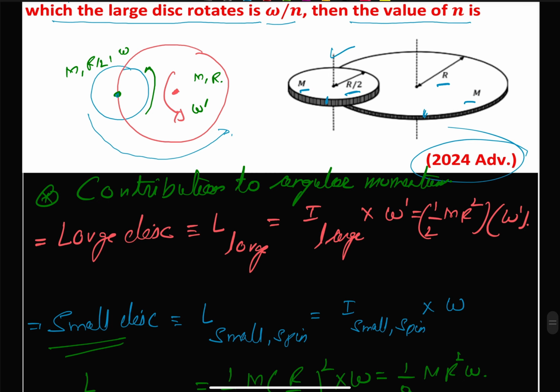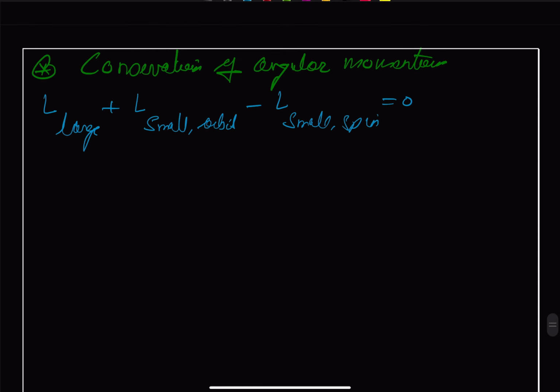We can see that the rotation of the large disk and the orbital motion of the small disk are in the same direction. That's why there is addition of both. So we simply substitute their respective equations. We get half m r square omega prime plus m r square omega prime minus 1 by 8 m r square omega is equal to 0.